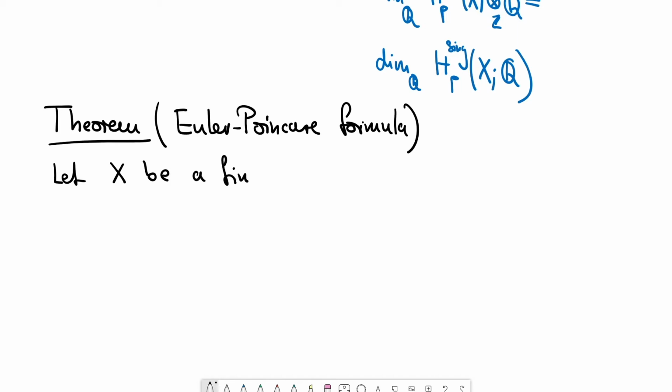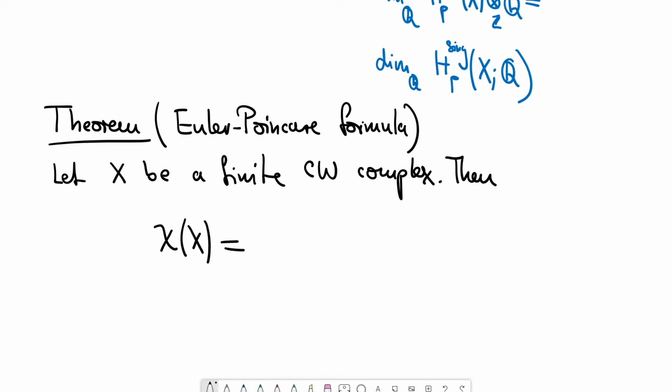It says that for a finite CW complex, the Euler characteristic of X is the same as the alternating sum of the Betti numbers.